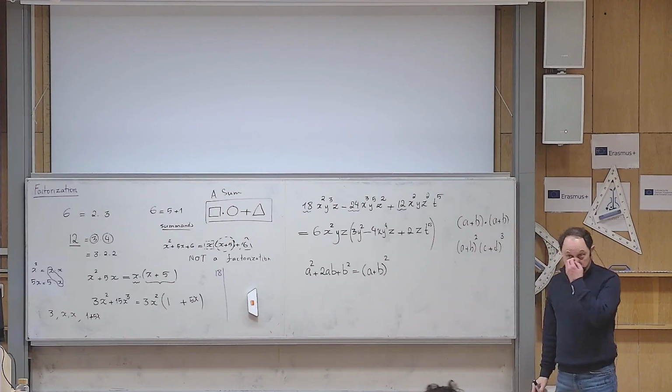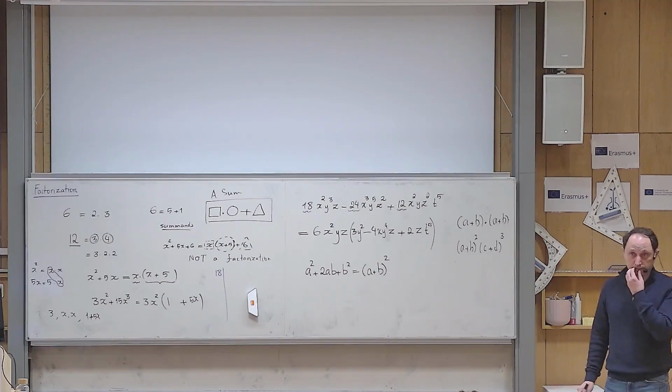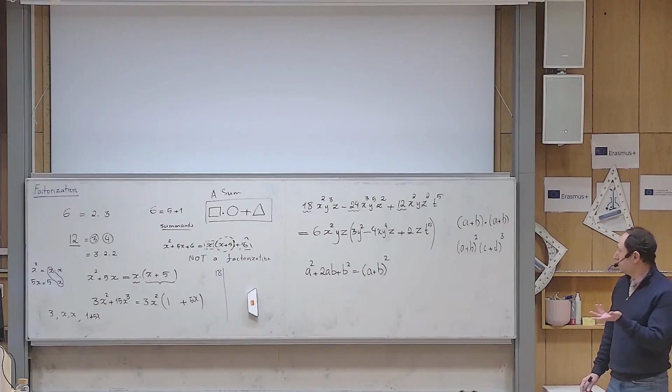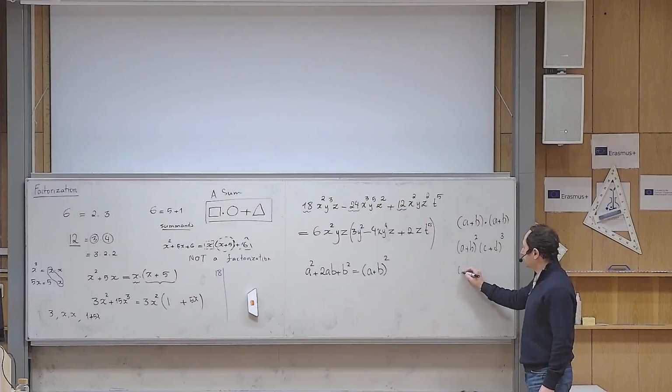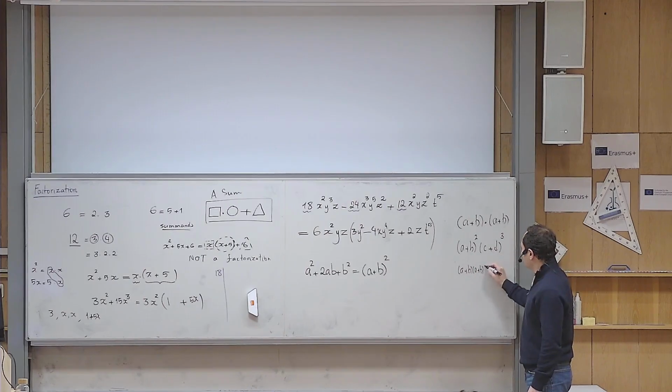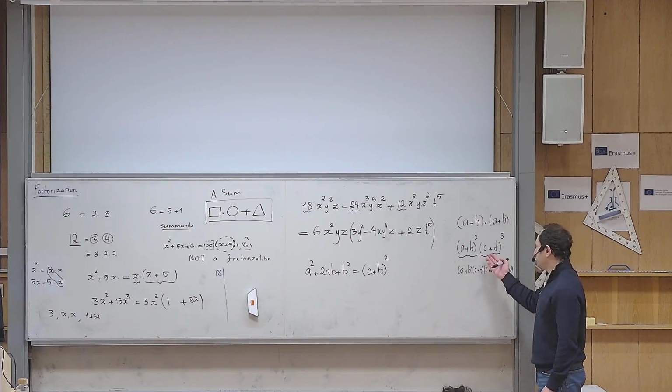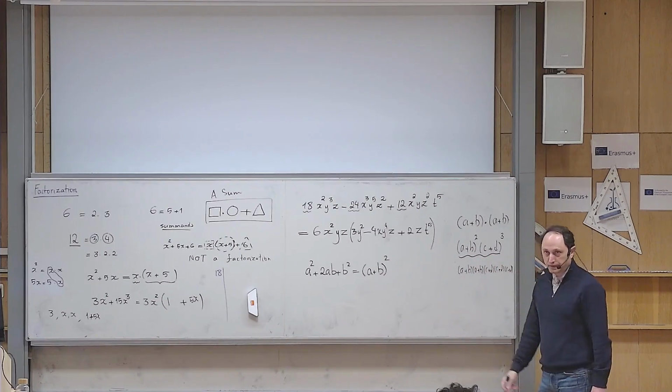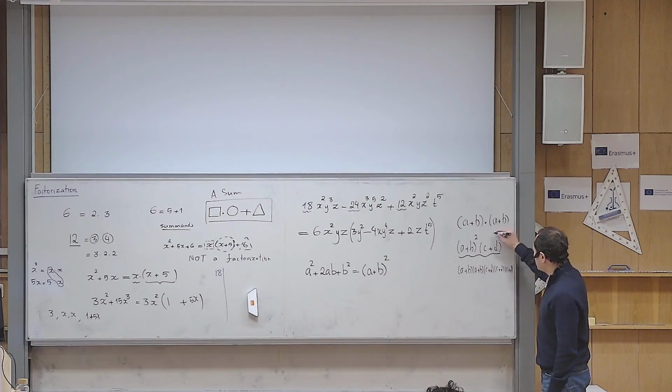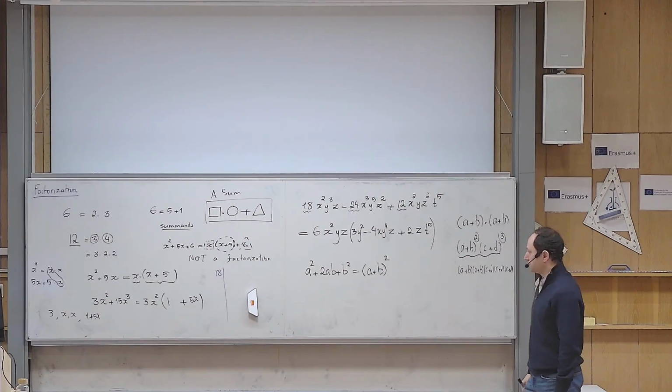Is this a factorized form? Yes. Why? Because a plus b to power 2 means a plus b times a plus b, and c plus d to power 3 means c plus d, c plus d, c plus d. So if someone writes this as the answer to a factorization, you can say that, okay, this is a product. Yes? So remember, powers are acceptable when I say products.